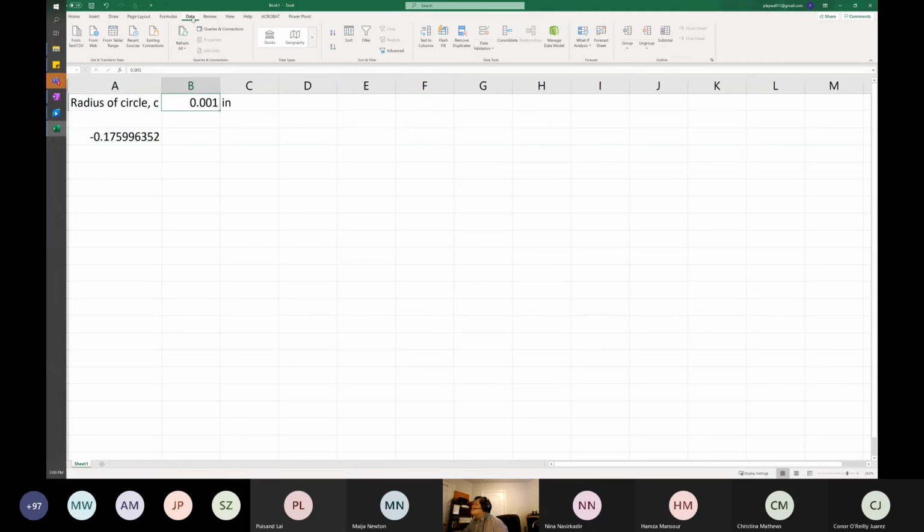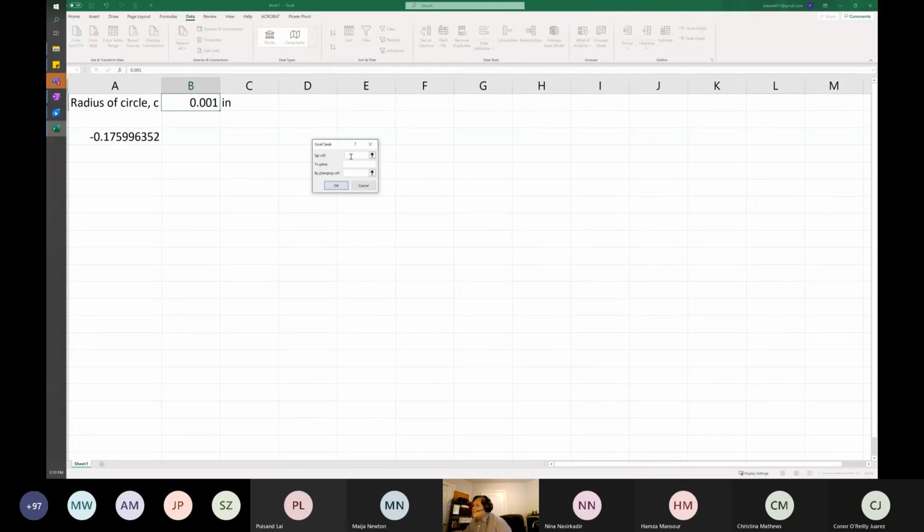If you click Data, then you click What-If. There is a Goal Seek function. This is too small. Can you see? I think you can barely see.